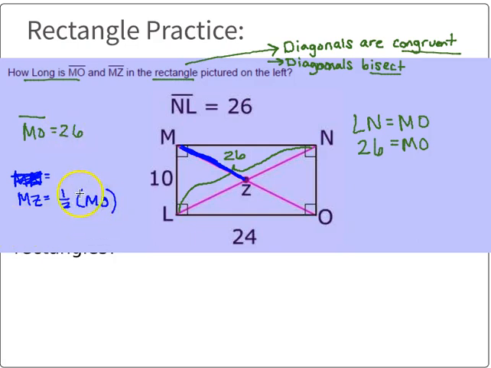We know MO is 26, so if we take half of 26, that's going to give us the length of MZ. And what is half of 26? If you said 13, you are correct. So the length of MZ is going to be equal to 13.